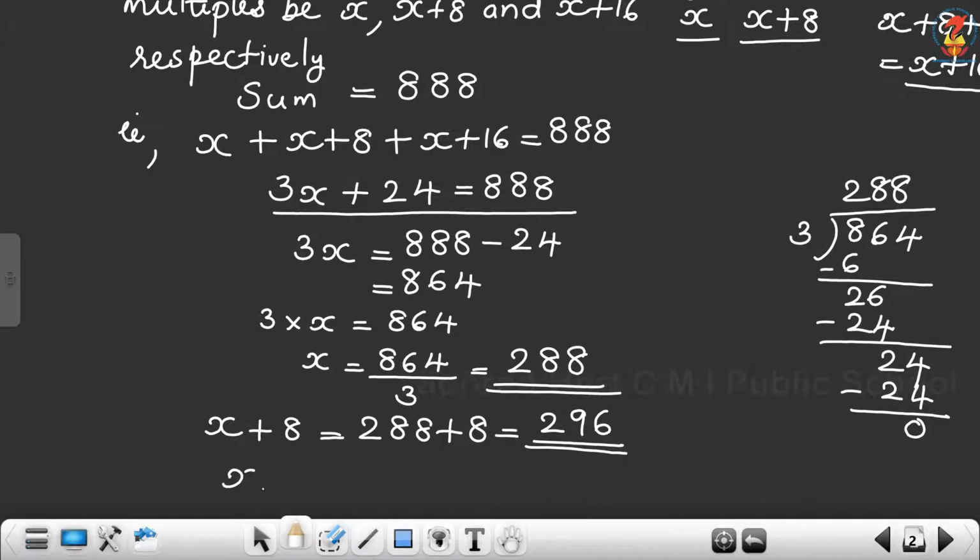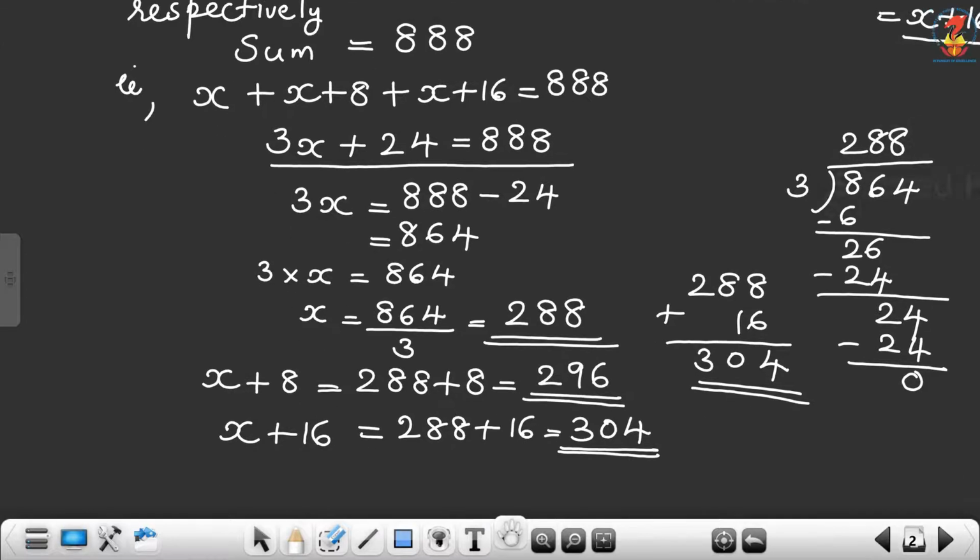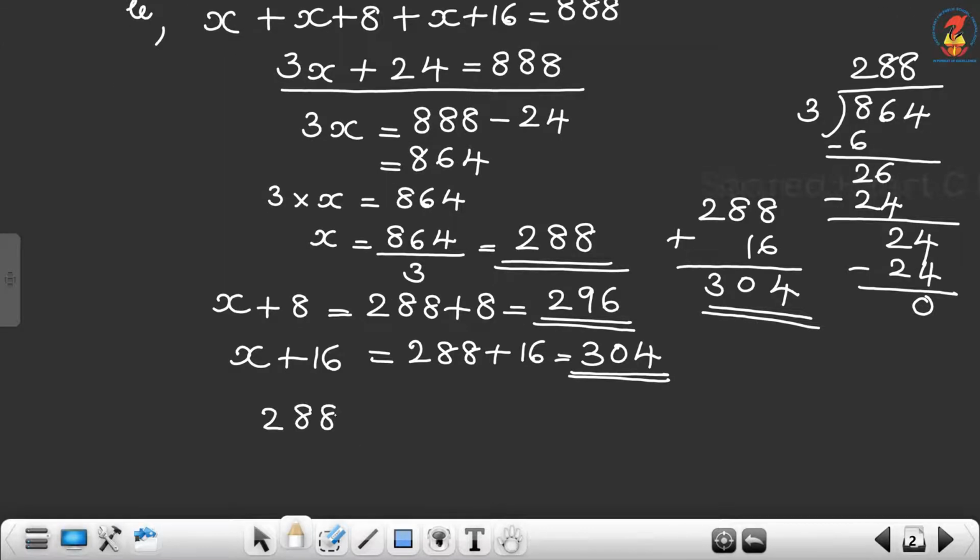Then the third multiple, x plus 16, equal to 288 plus 16, so 304. So which are the three consecutive multiples? 288, 296 and 304.